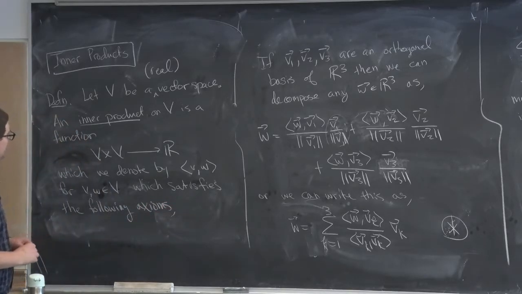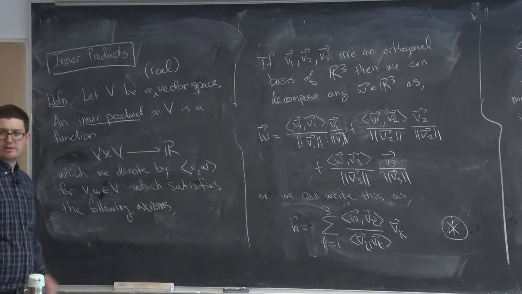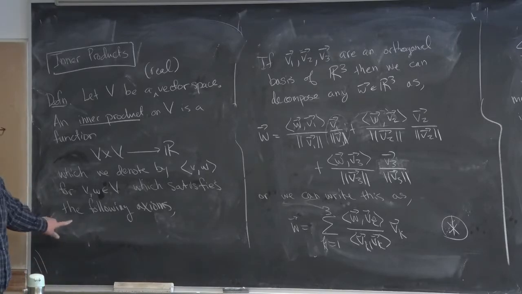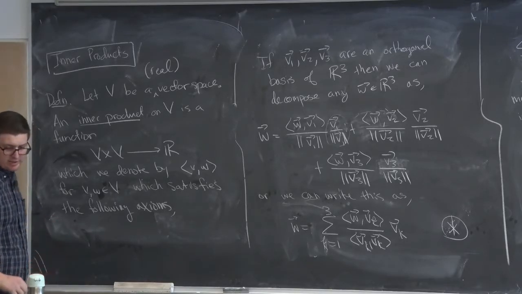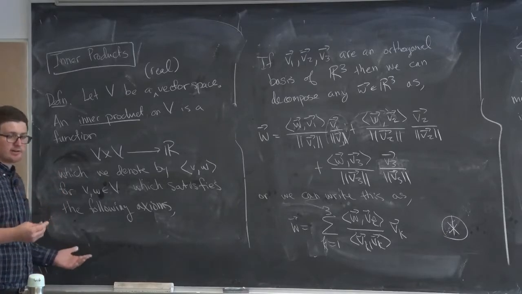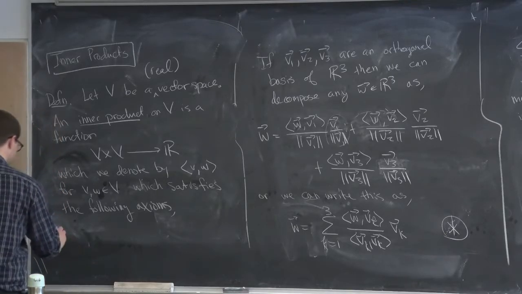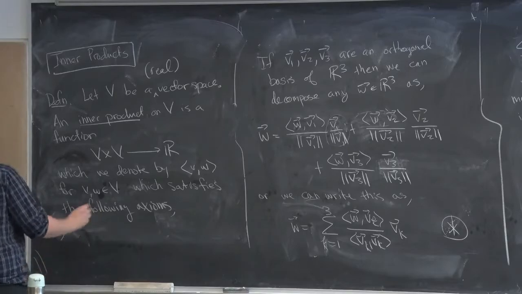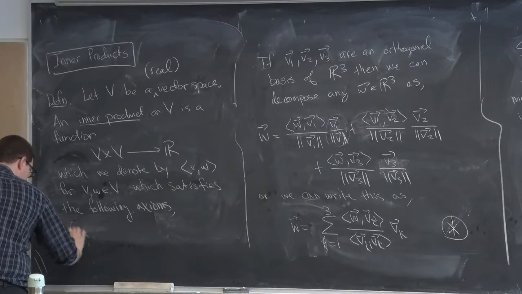Okay. So we want these inner products to be exactly like the dot product. Can you guys see what I write down here? The first thing is that it's commutative.